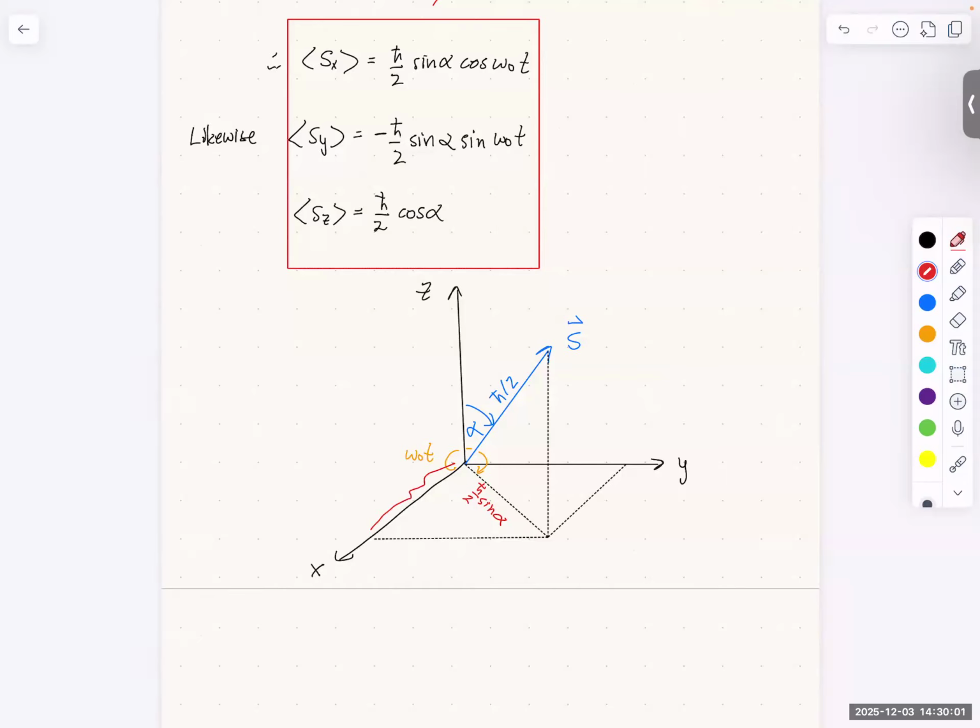So it's going to be h bar over 2 sine alpha, and it's going to be cosine of omega naught t. H bar over 2 sine alpha cos omega naught t. Likewise, the y component is here, and that's going to be h bar over 2 sine of alpha sine of omega naught t, and then we'll just need our little negative sign here.